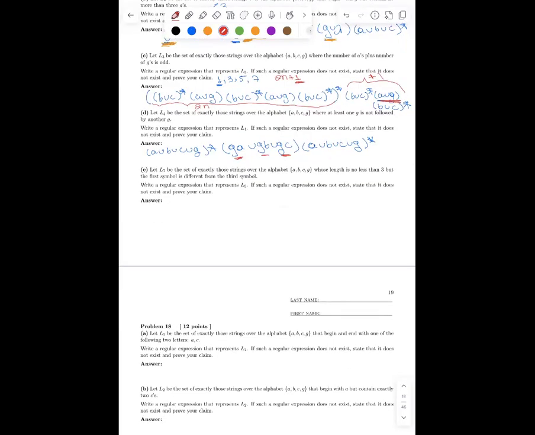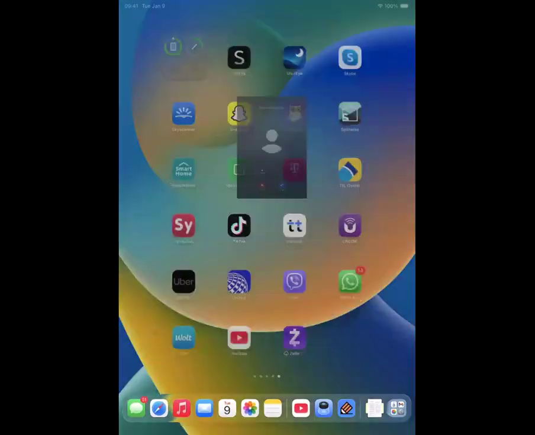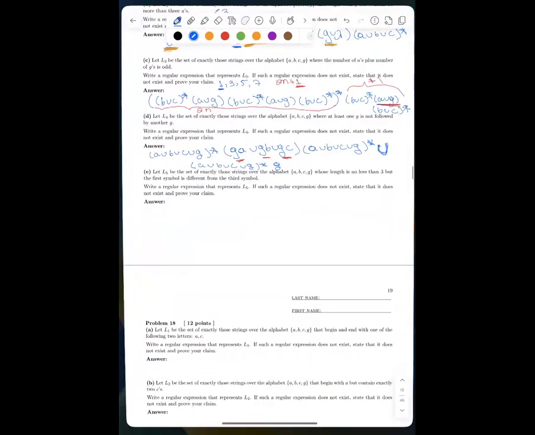Or I can actually start with A or B or C or G if I want to, and just end with NG. So these are the two scenarios of this. Sorry for that again.